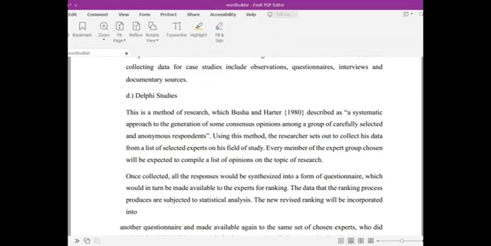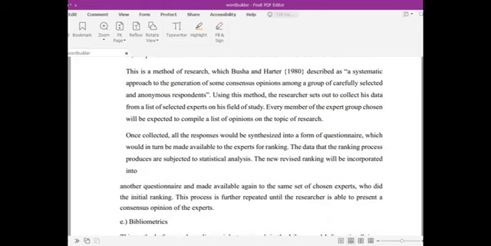Using this method, the researcher sets out to collect his data from a list of selected experts of his field of study. Every member of the expert group chosen will be expected to compile a list of opinions on the topic of research. So it deals with different experts. He collects information from each and every one of them, getting their opinions.